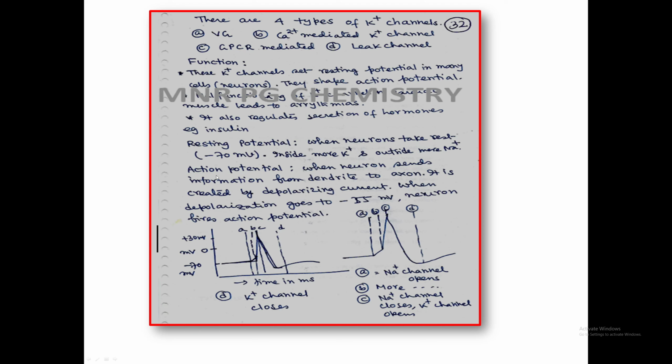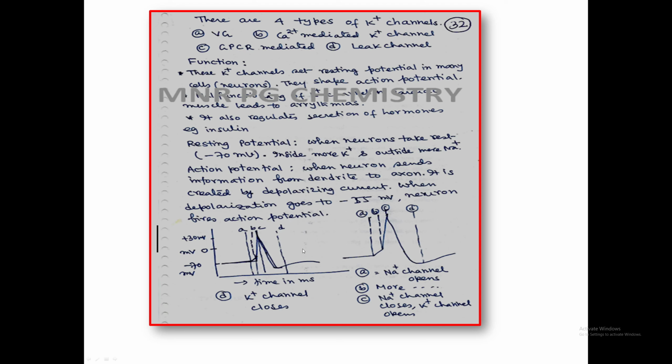Now action potential. When the neuron sends information from the dendrite to the axon, it is created by depolarizing current. The depolarization goes to minus 35 millivolt, then the neuron fires an action potential.